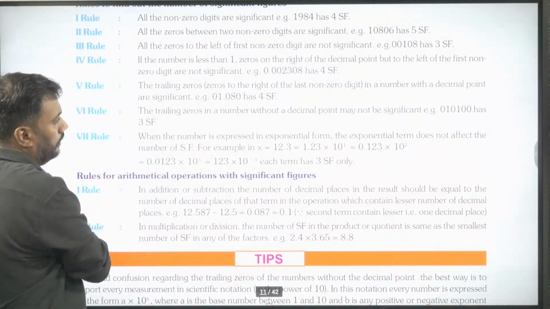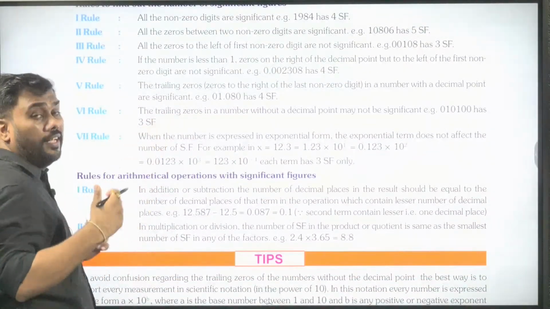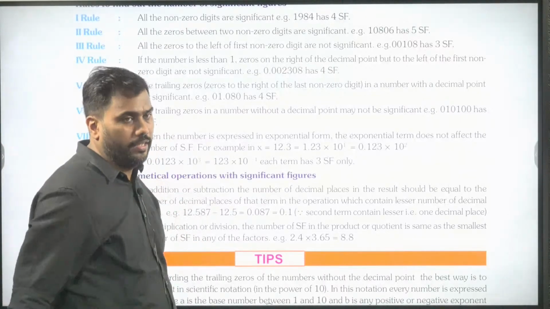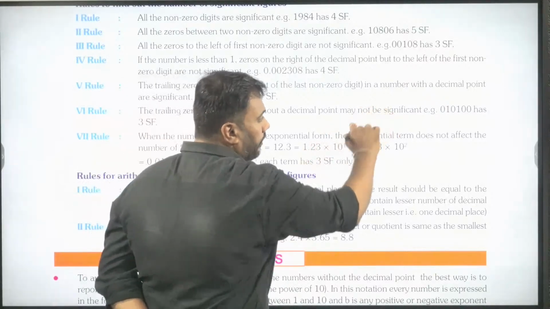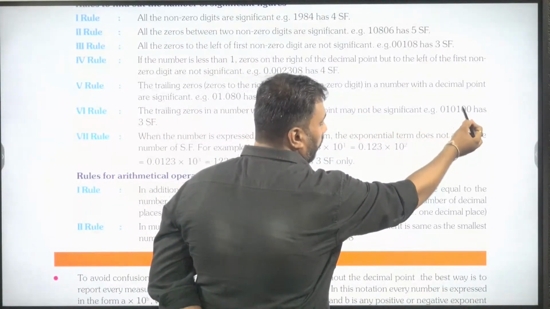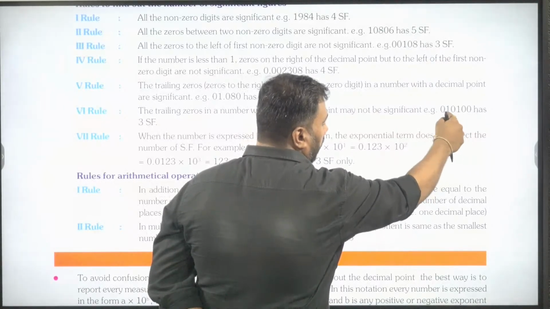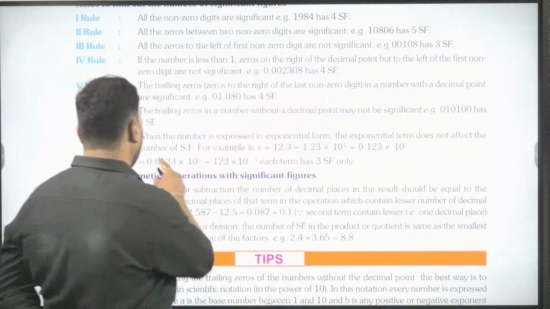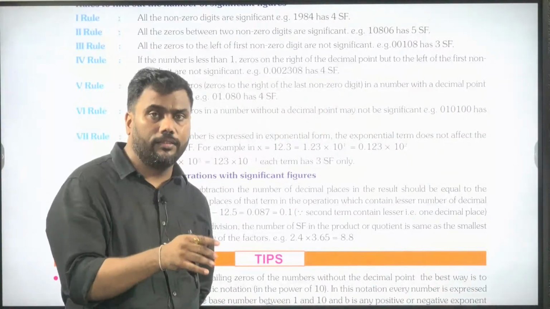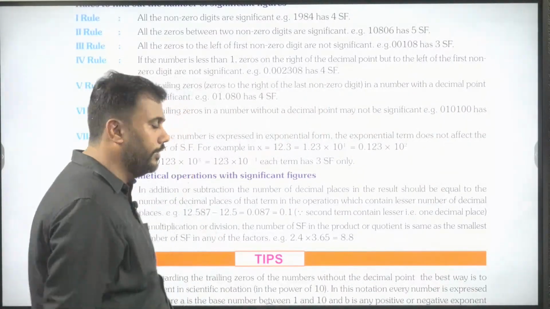Rule number 6: all the trailing zeros in a number without decimal may or may not be significant. For example, 10100 has only three significant digits. But if we are getting it from measurement, then all those digits will be significant.